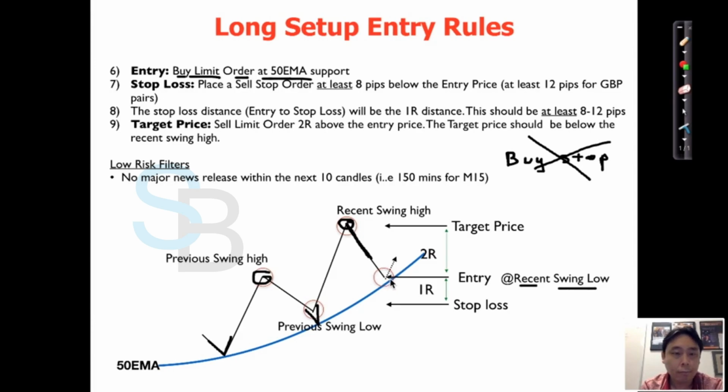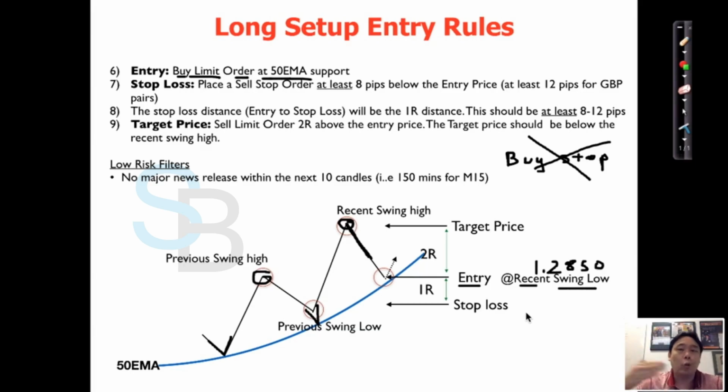As I place that buy order, that's my entry price, I would simultaneously place my stop loss, which is a sell stop order, at least 8 pips below the entry price. So if my entry price is, for example, 1.2850, my stop loss would be at least 8 pips below that. Could it be more than 8 pips?